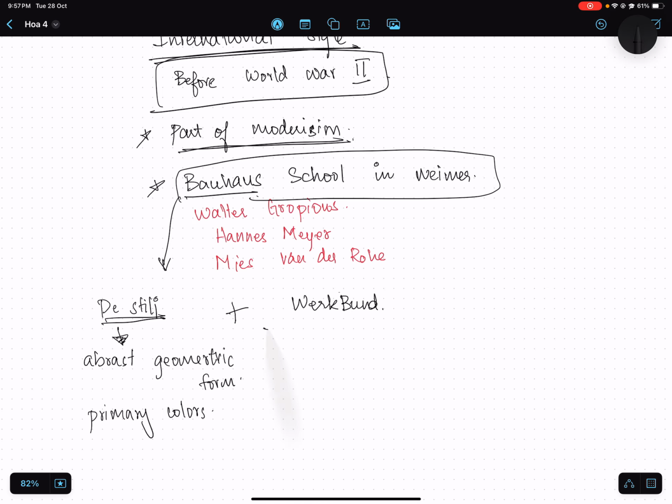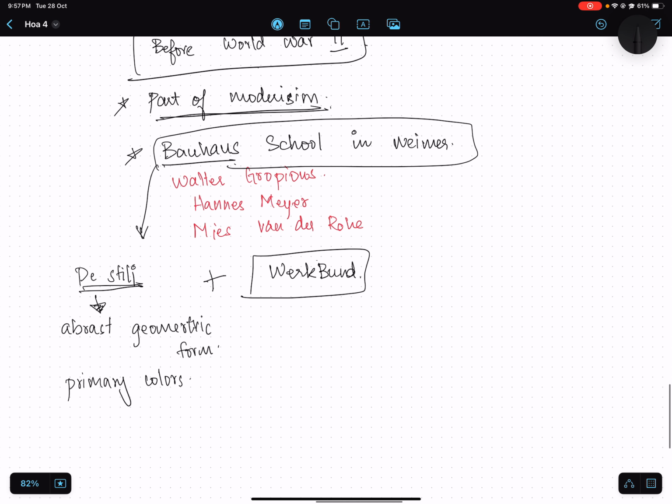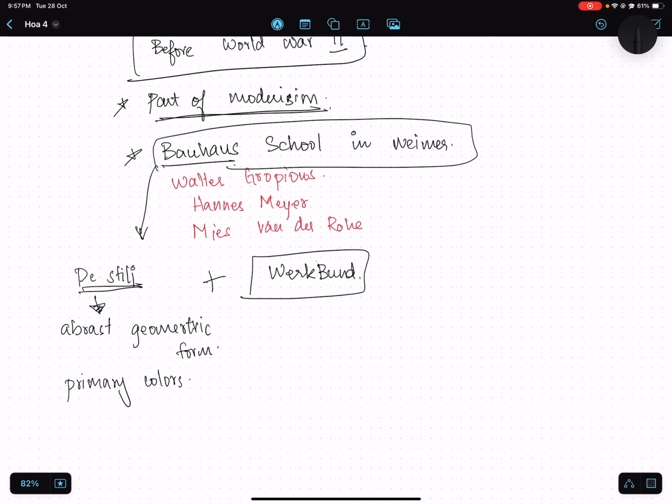Now this was a movement or an effort made by the state in the Dutch country, so Germany. So this asked the architects to integrate traditional crafts with industrial mass production of materials.